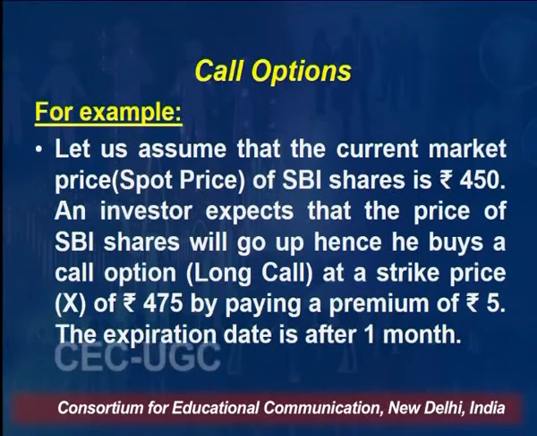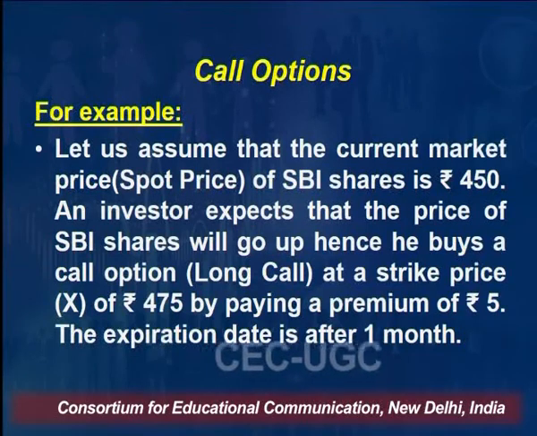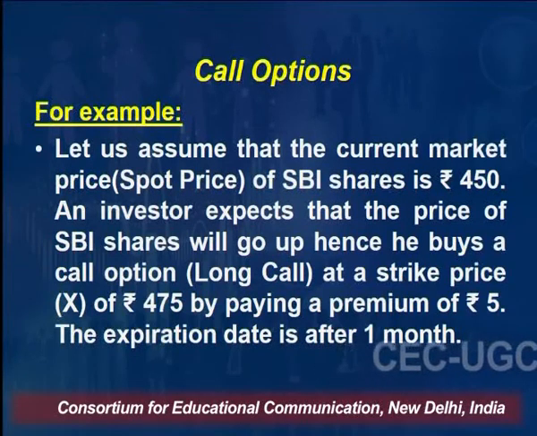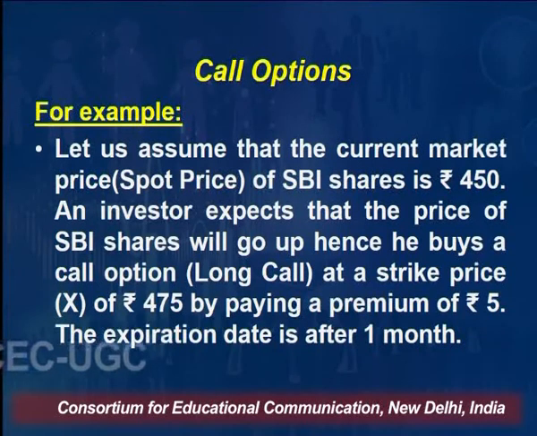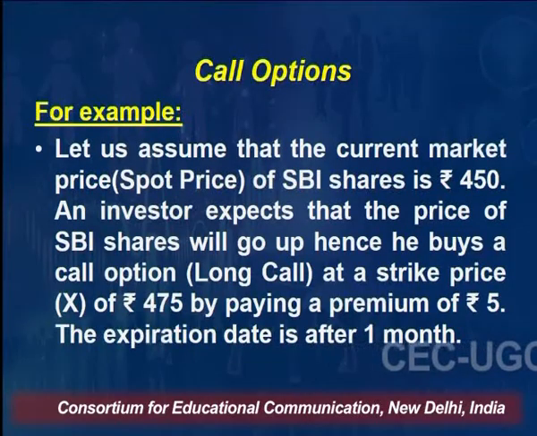In my previous lecture also I said, the call holder, that is the buyer of the option, has to pay a premium for buying this right. So I am presuming that the premium is 5 rupees and the expiry date is after 1 month, right?